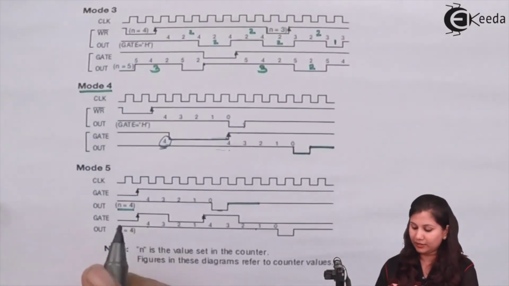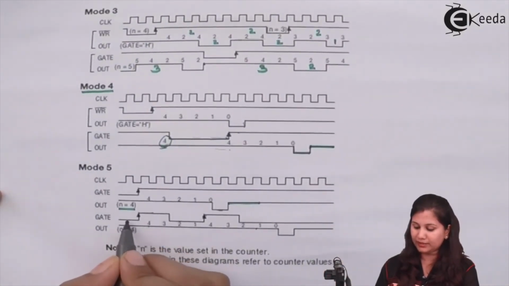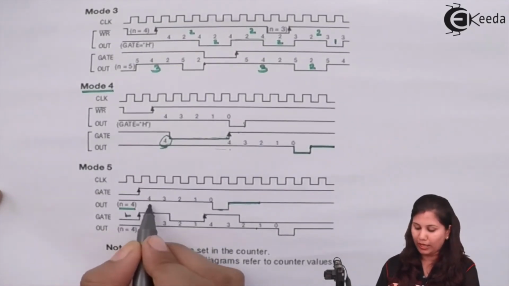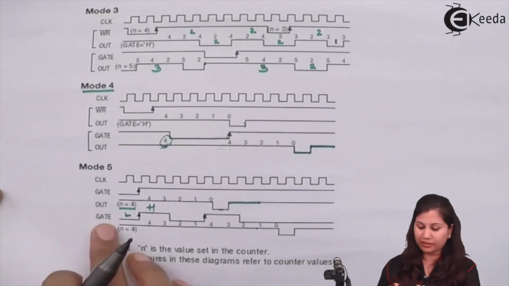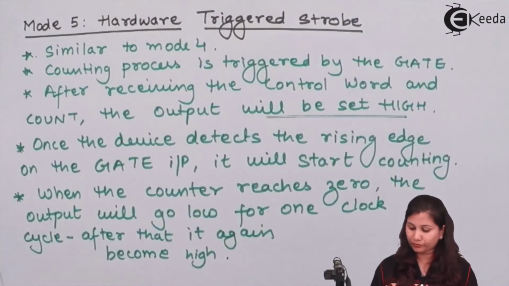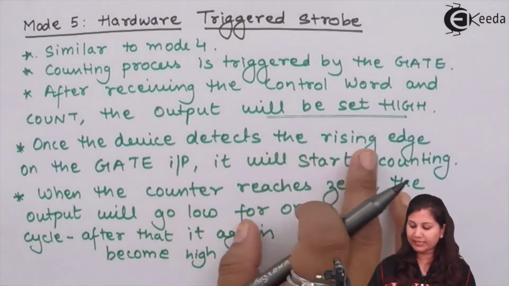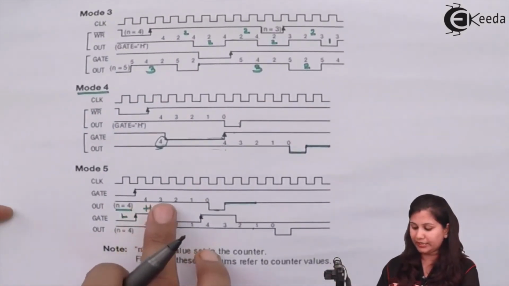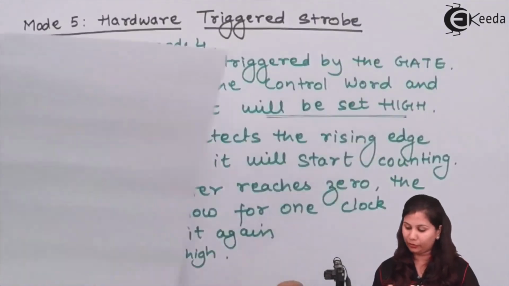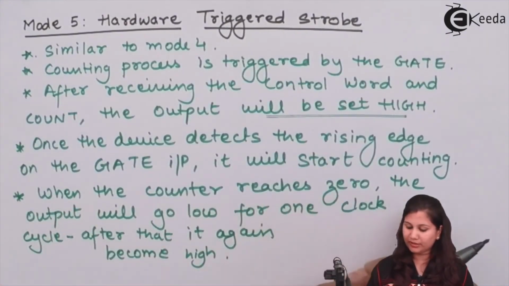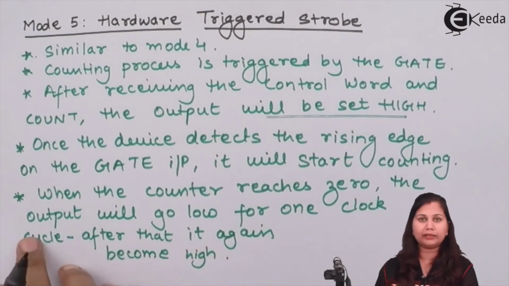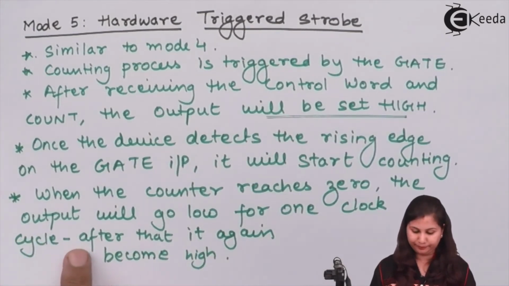Rising edge means the value of the gate signal changes from low to high. So once the device detects the rising edge, it will start decrementing the count value. And when the counter reaches 0, the output will go low for one clock cycle, and after that it again becomes high.